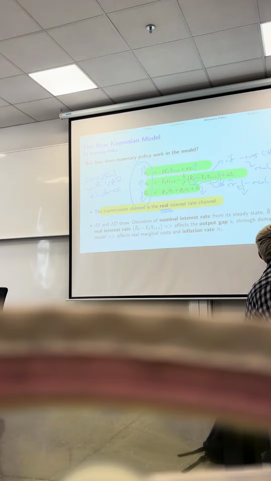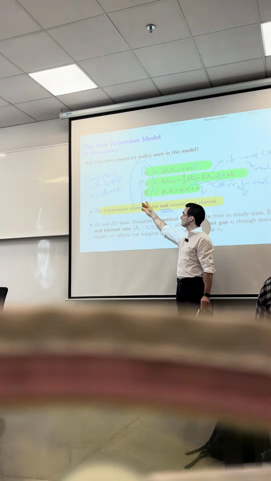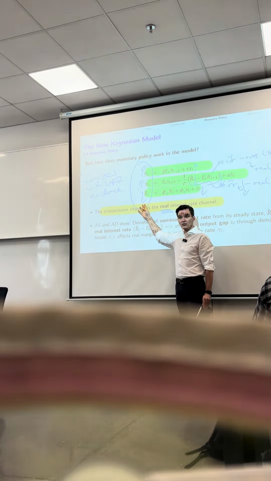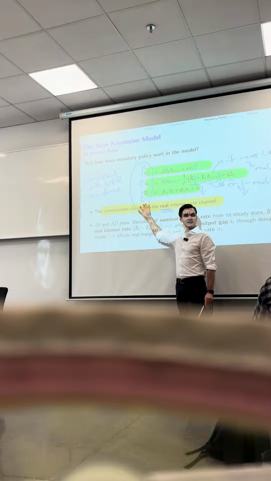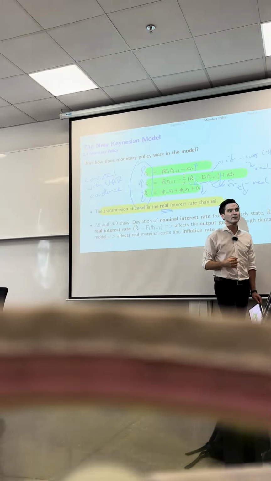And then we familiarized ourselves with the transmission channel when monetary policy changes its policy. When the central bank unexpectedly reduces the nominal interest rate, how does that change transmit into the economy?